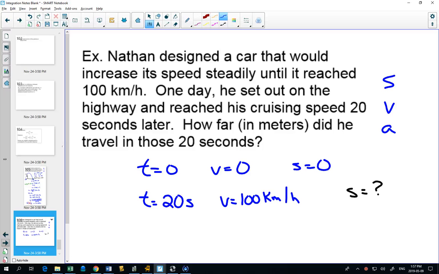Time is in seconds, velocity in kilometers per hour. How far in meters did he travel? So if we want our answer in meters and we have our times in seconds, we're going to need to change this velocity from 100 kilometers per hour into meters per second. How do we do that?